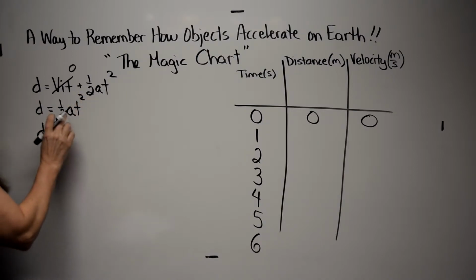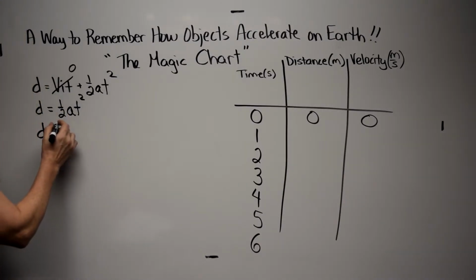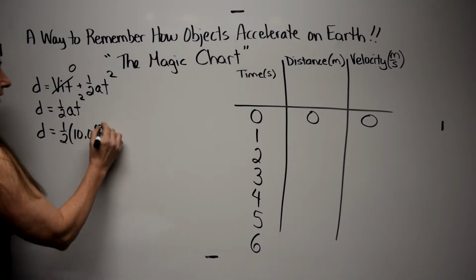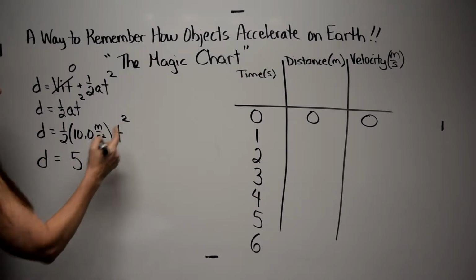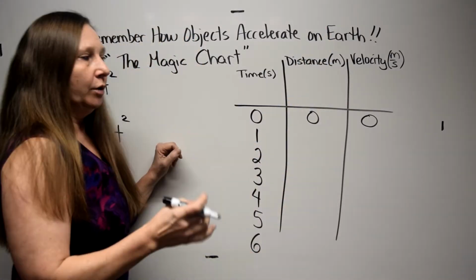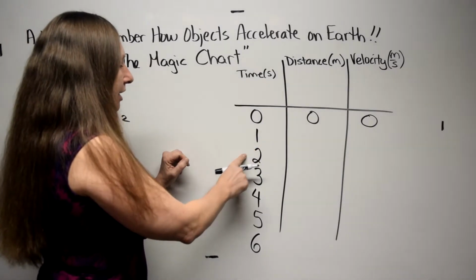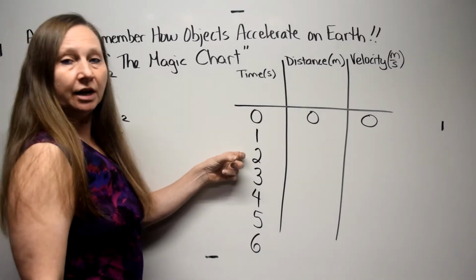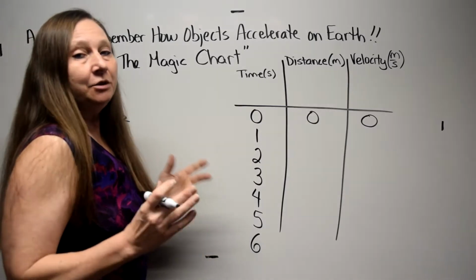We know that the acceleration due to gravity on Earth is 10 meters per second squared, so 1/2 of 10 meters per second squared is going to be 5, and then t squared. So in this column, you're going to calculate 5t squared for this t, for this t, for this t. All right, 1 second after you drop the object, 2 seconds after you drop the object, 3 seconds after you drop the object, etc. Remember, it doesn't matter what the object is.